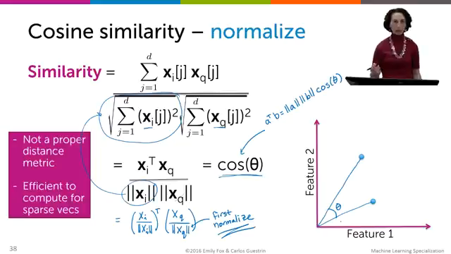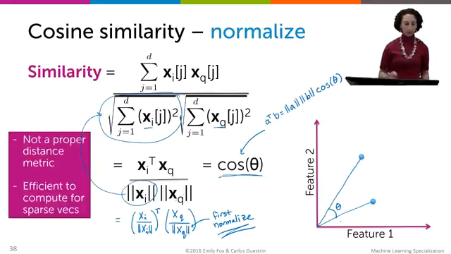So I want to highlight a couple things about cosine similarity. One is the fact that it's not actually a proper distance metric like Euclidean distance, because the triangle inequality doesn't hold. But it's also important to know that it's extremely efficient to compute for sparse vectors, because you only need to consider the non-zero elements when you're forming this calculation.